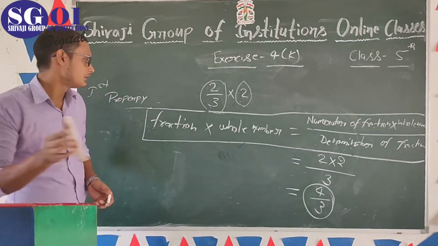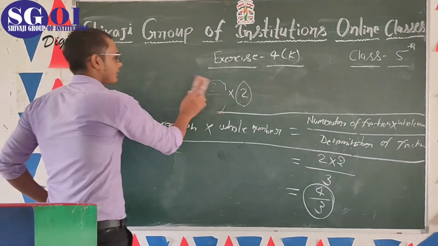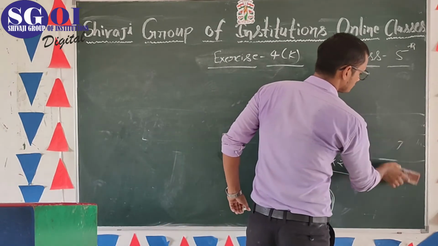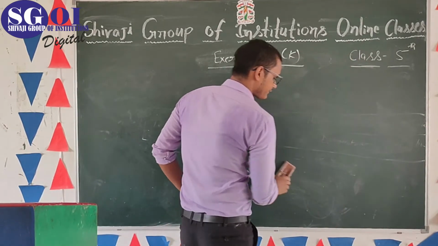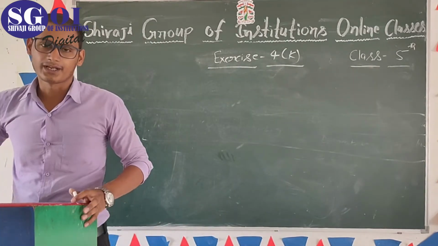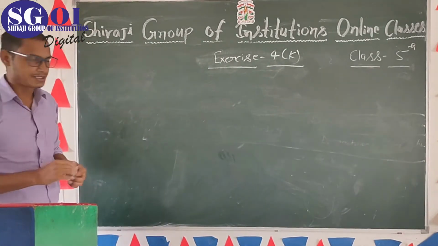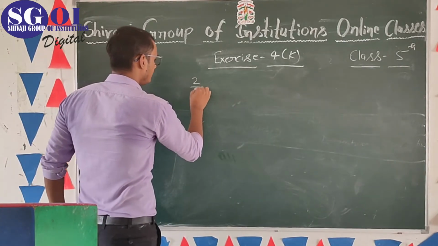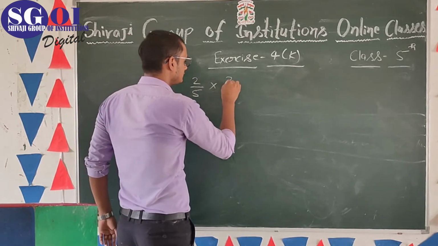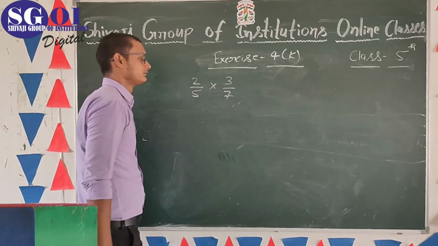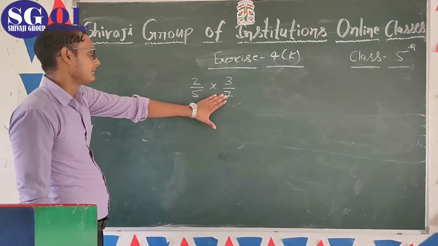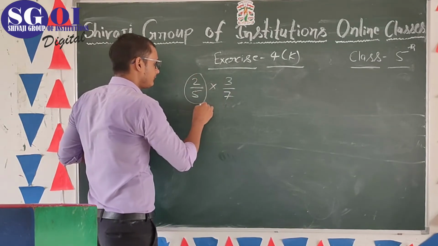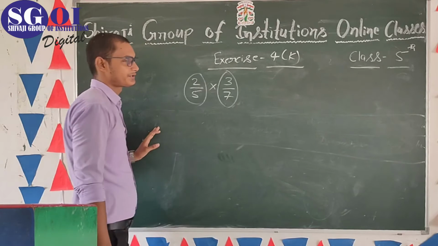Second property: multiplication of a fraction by a fraction. For example, 2 upon 5 multiplied by 3 upon 7 means a fraction multiplied by a fraction.